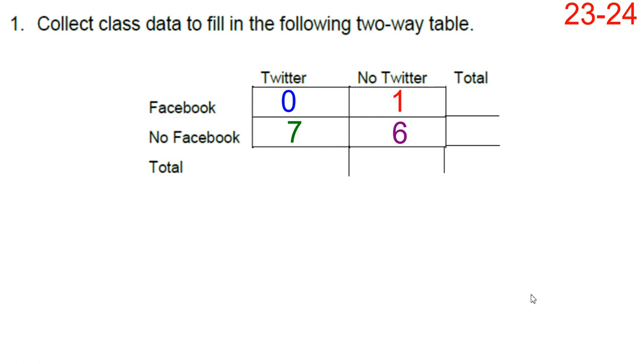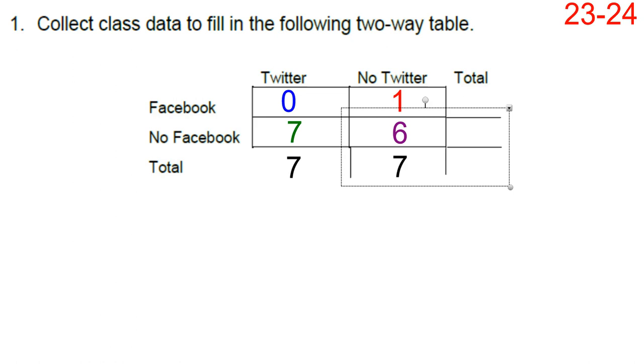Now, totals are very important in probabilities because it's the chance of that event or events happening out of the total. So I could get all of the Facebook users here by going across and the non-Facebook users here by going across. I can get the Twitter users going vertically down, and the non-Twitter users going vertically down. So the Twitter users have a total of 7.